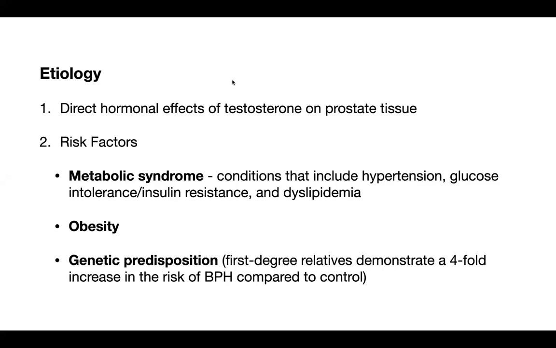Actually, 95% of testosterone is produced from testicular tissue, and the other 5% from the adrenal glands, which is important when we look at the pathophysiology of prostate cancer, which Dr. Marvin will take us through.